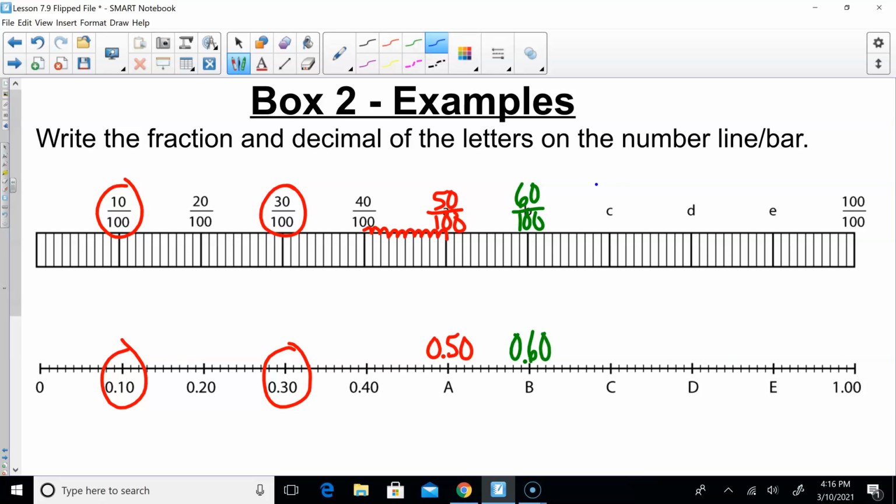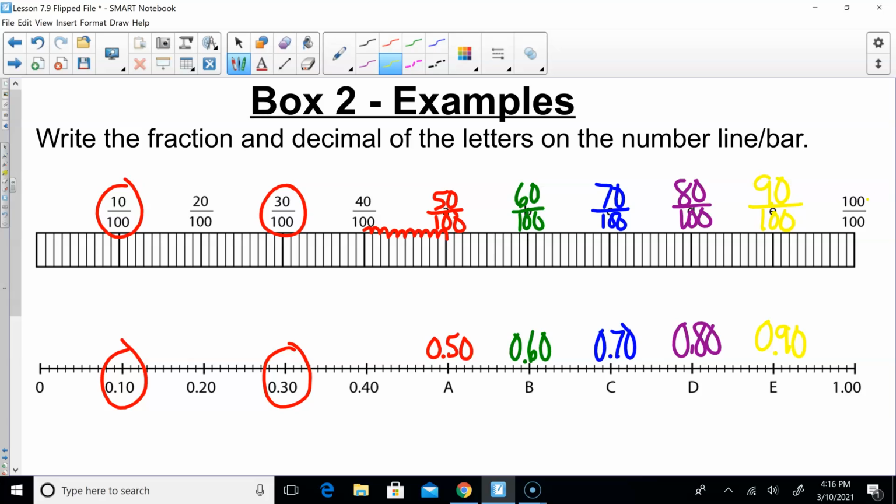70 hundredths, or 0.70. 80 hundredths, we're coming down the final stretch, or 0.80. And E, last but not least, we'll use yellow because I don't like it, but I'm going to anyways, 90 hundredths, or 0.90.